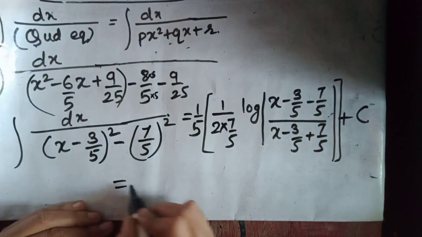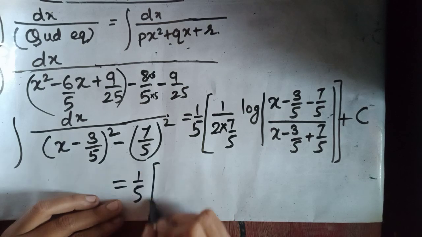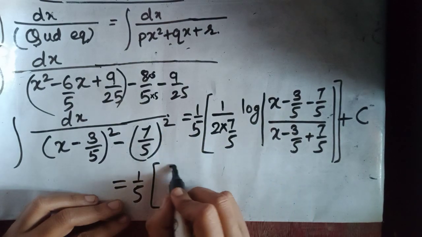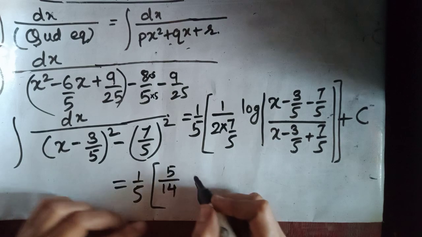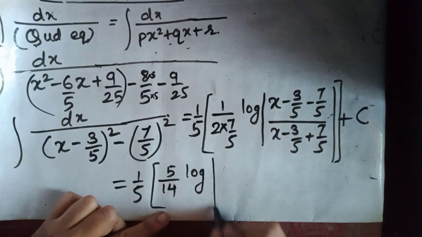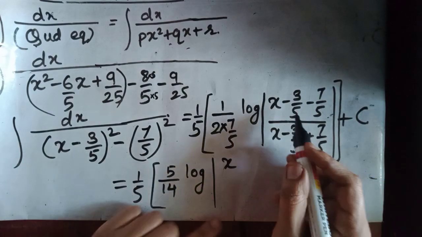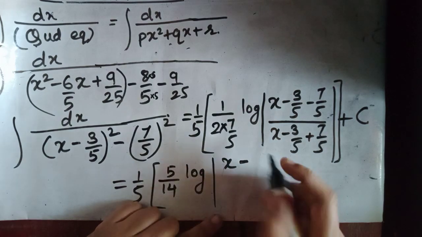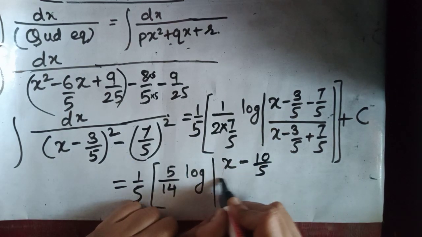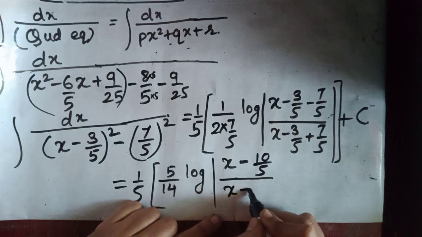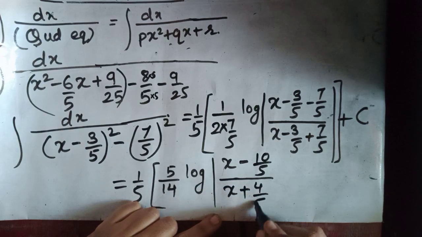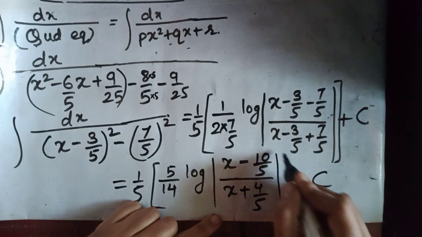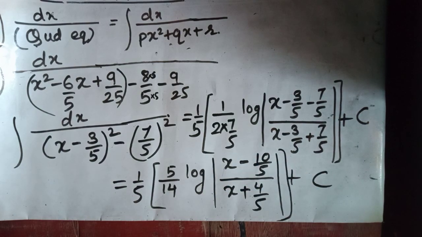Here you can write it as 1 upon 5, this will be 5 upon 14 log, and you can cross multiply this: x minus 10 upon 5, and x plus 4 by 5, plus c. So this is the final answer.